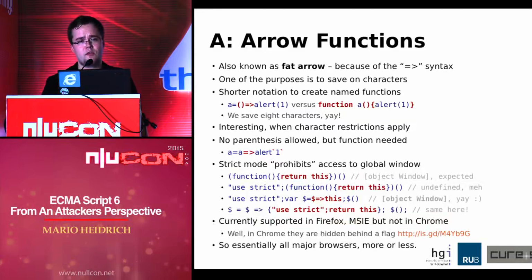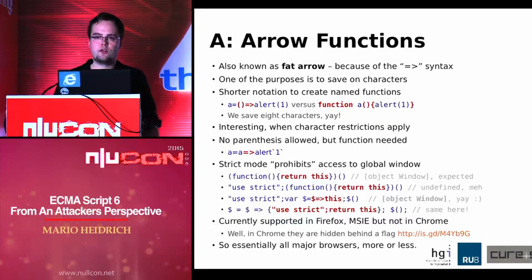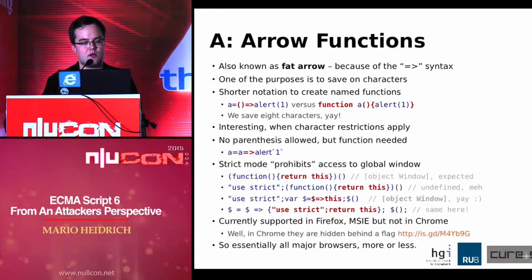This also means you have the possibility to create a function that does not use any parentheses, and many systems filter parentheses to avoid code execution. Well, this is a side effect. So what you can, for example, do is something like this. You have the label A, you have the parameter A, then the fat arrow, and then this construct here: alert, backtick, 1, backtick.